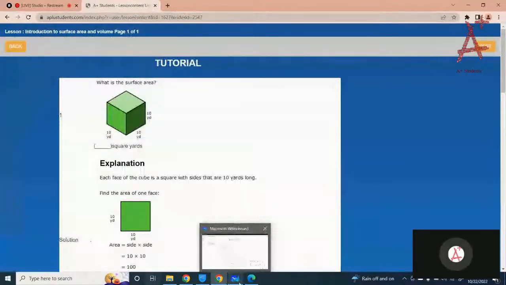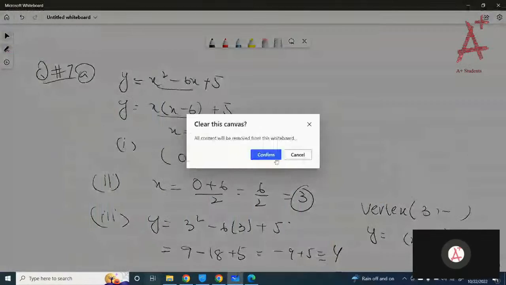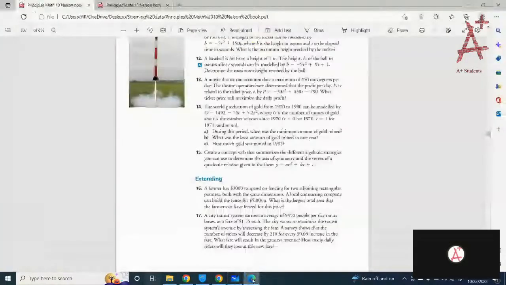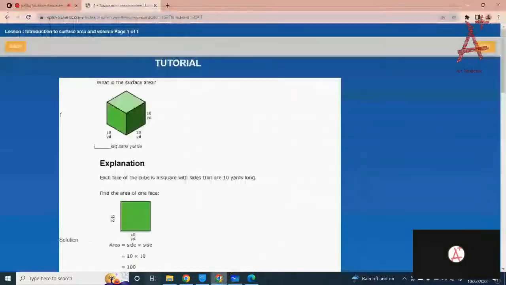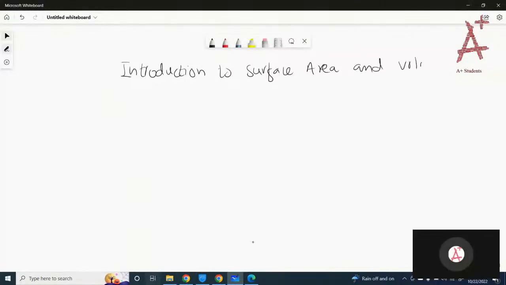You have to find the surface area of the objects. So let's start with examples.